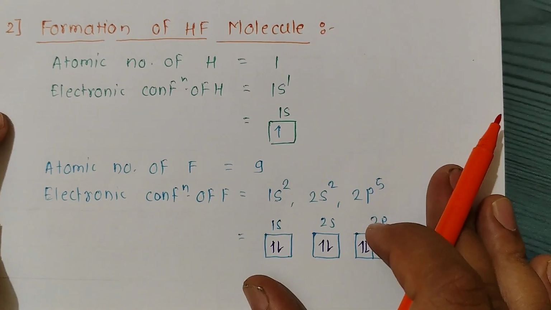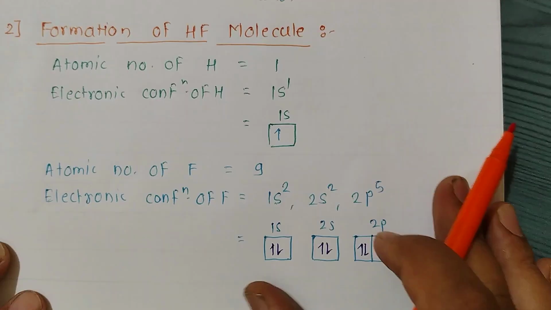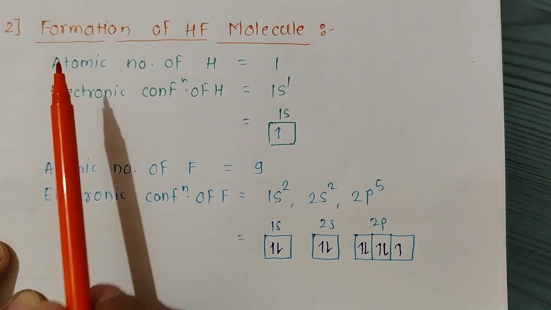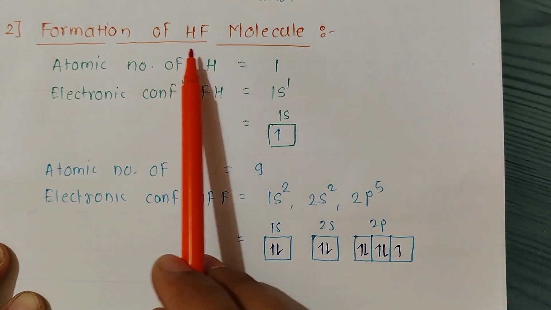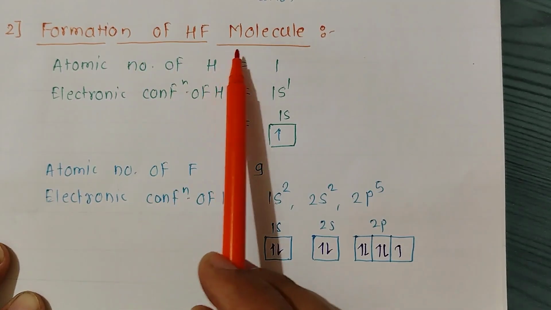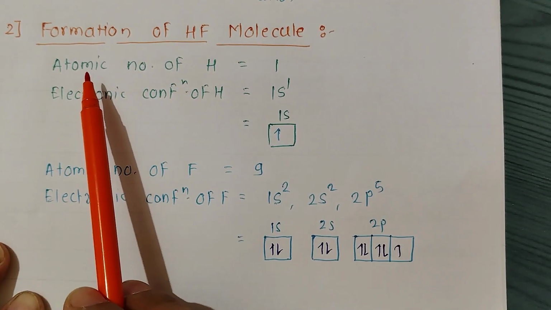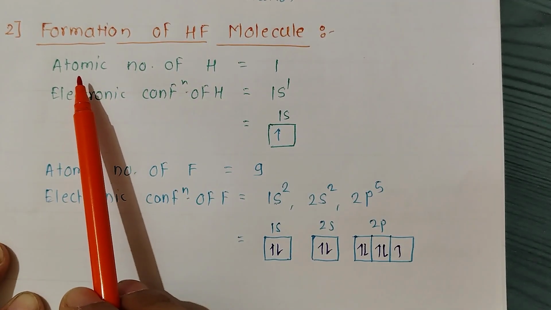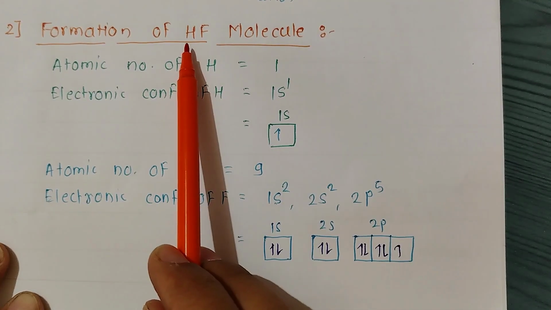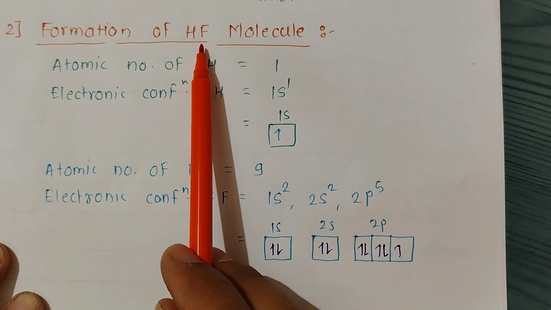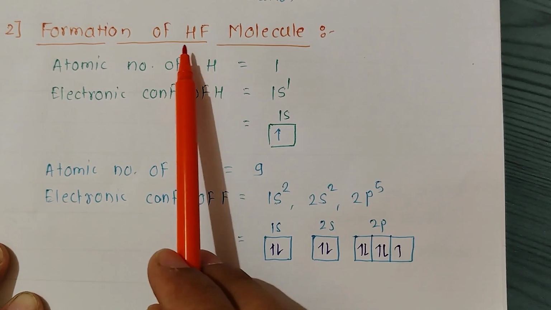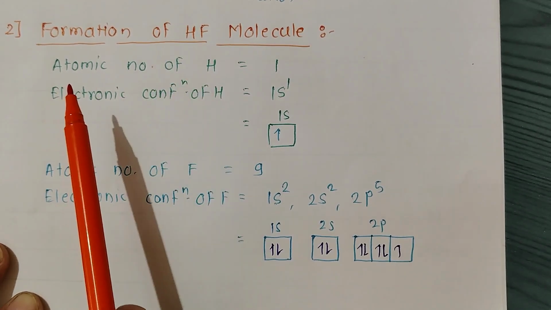Now we understand this concept with the help of another example, that is the formation of the HF molecule. How is the HF molecule formed? Here there is one hydrogen atom and one fluorine atom. When both form a covalent bond, there is a formation of the HF molecule.